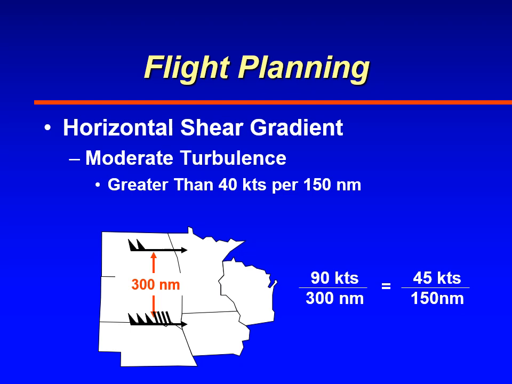The difference between that is 90 knots. If that distance is 300 miles, you can set up a ratio, and 90 divided by 300 is equal to 45 divided by 150. So in this case, you have winds that are greater than 40 knots. It's 45 knots in this example, and you could probably expect moderate turbulence as a result of that shear.